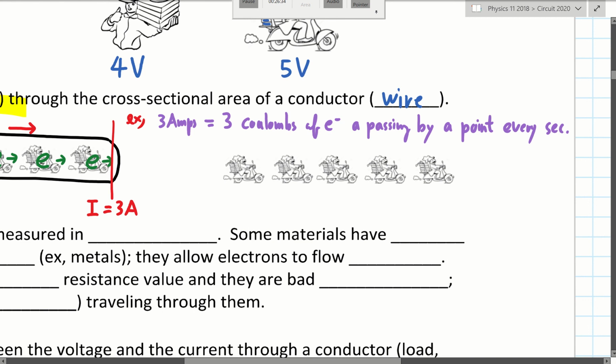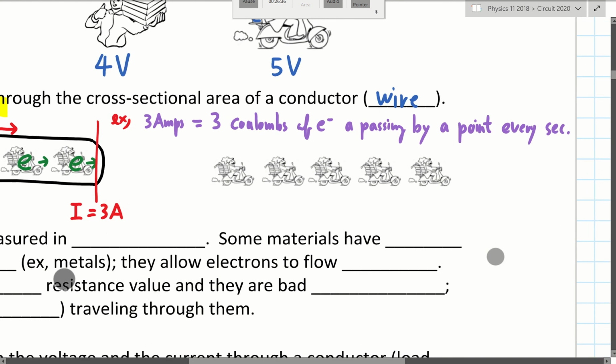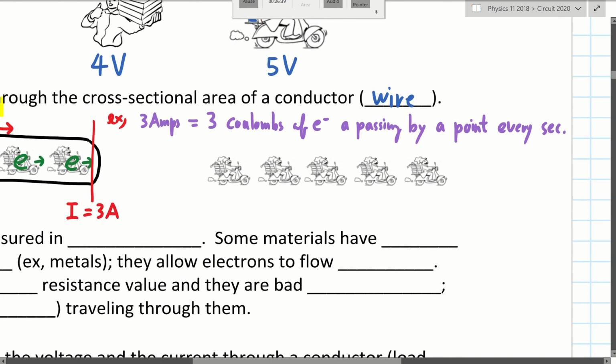So when they say the current at some point is 3 amp, that means 3 coulombs of electrons are passing by a point in the circuit every second.